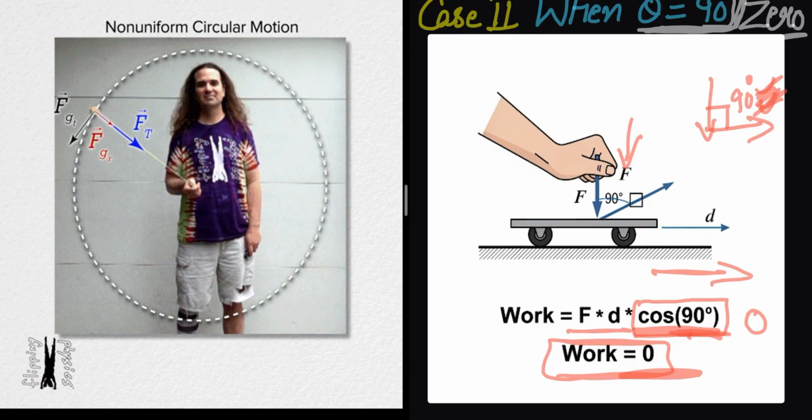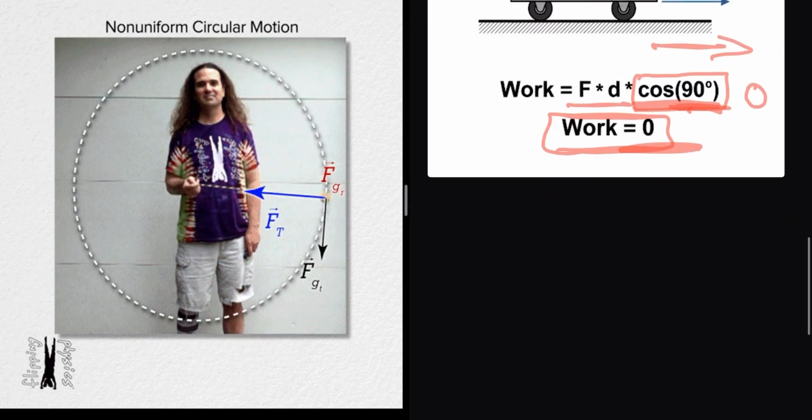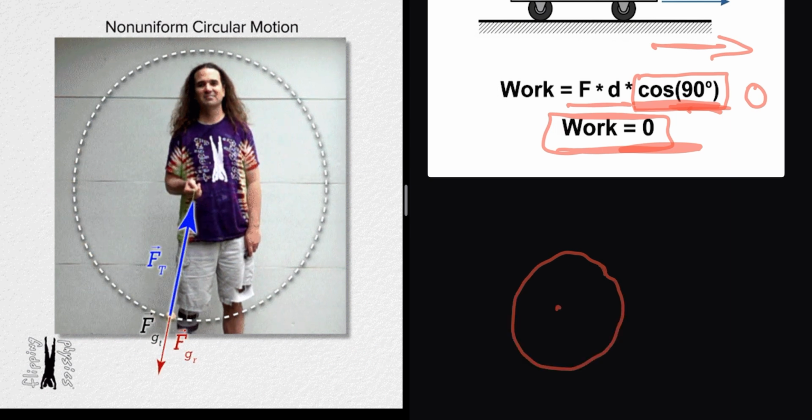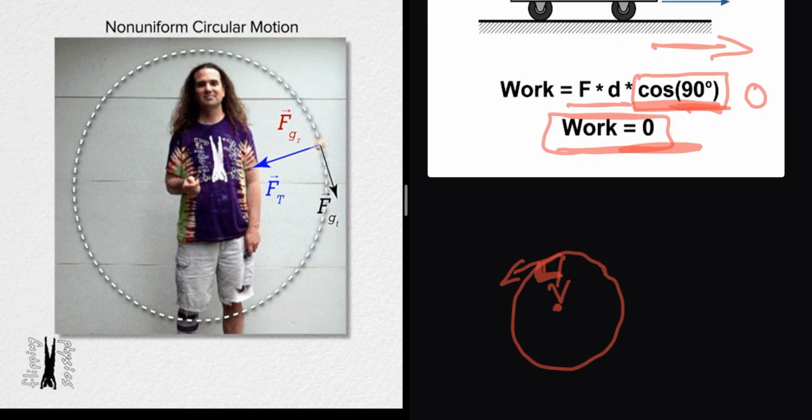Now, the direction of the force is in which direction? Towards the center. Now, displacement in a circular path is along the tangent. Centripetal force is downward, towards the center, and displacement is always along the tangent. Now the angle between the centripetal force and the displacement of the object is 90 degrees.